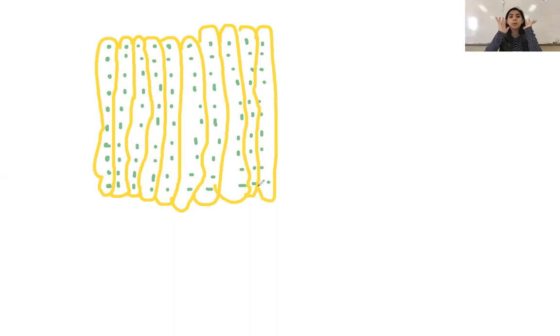So how many groups do we have? We have 10 groups, right? Let's count. The yellow are the groups. 1, 2, 3, 4, 5, 6, 7, 8, 9, 10.